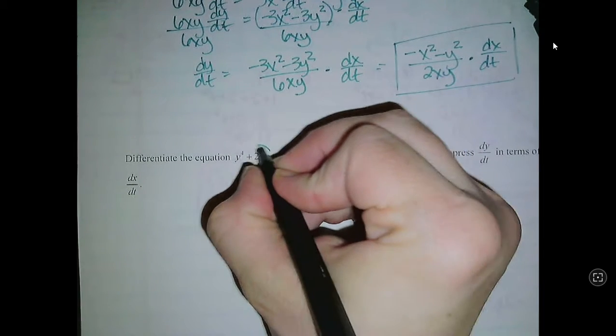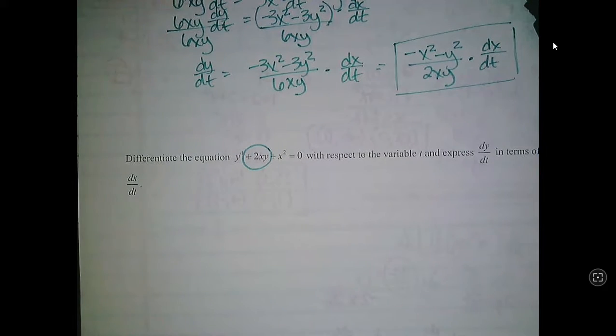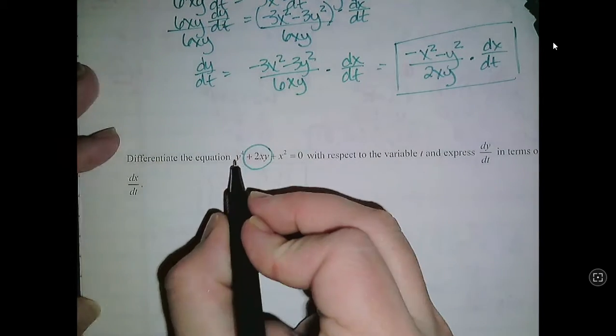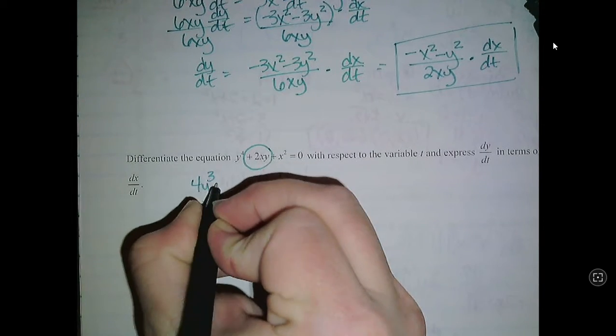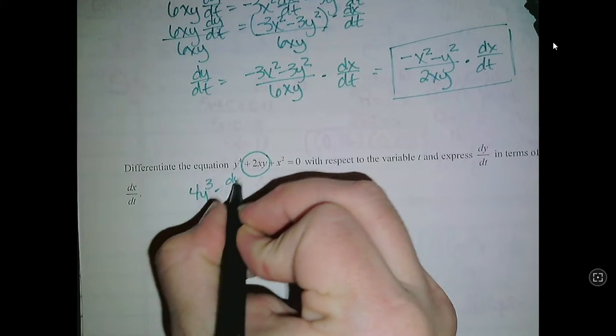So again, hopefully you're seeing this product of x and y, and you recognize that you're going to have to apply the product rule in order to take the derivative of this term with respect to t. For my first piece, I have y to the fourth. The derivative of y to the fourth with respect to t will be 4y to the third times the derivative of y with respect to t.